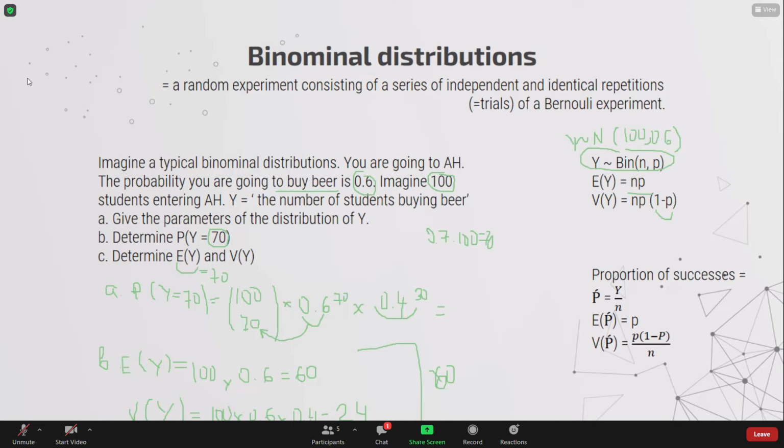Maybe I can explain with a few sentences without an exercise. If we have the proportion of successes, we have Y as the event that we are interested in, and N being the total number of events that could result in our experiment. So the proportion of success is having our event over the total number of events.